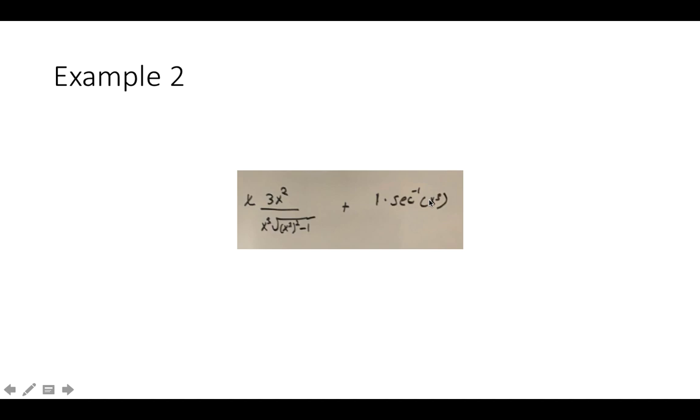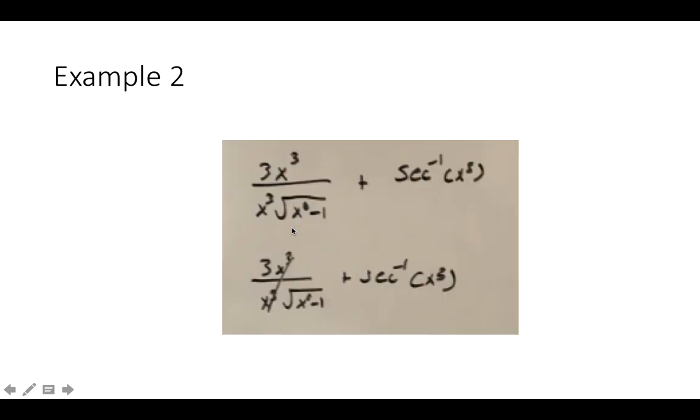But we're not done yet. We want to simplify this further. How are we going to simplify this further? We're going to square x cubed, right? Now we have 3x cubed divided by x cubed times the square root of x to the 6 minus 1, and we can just forgo the 1 because it's there anyway.